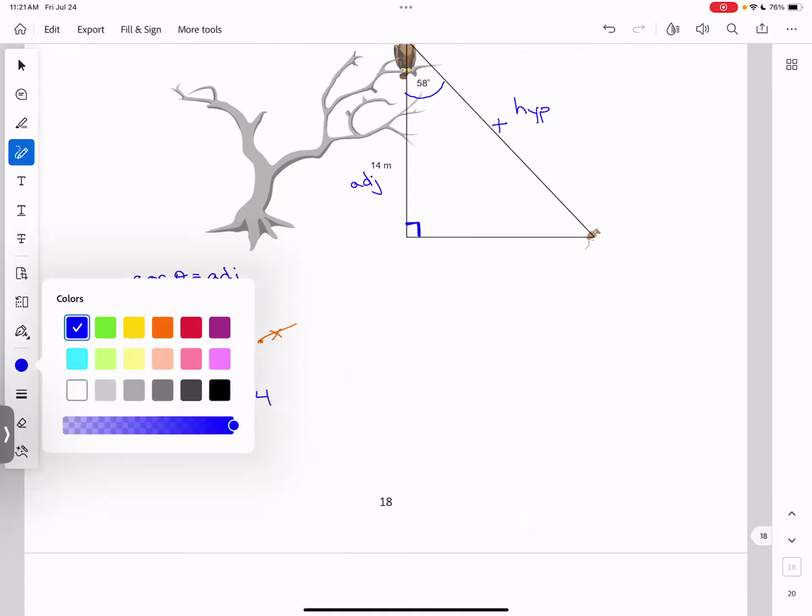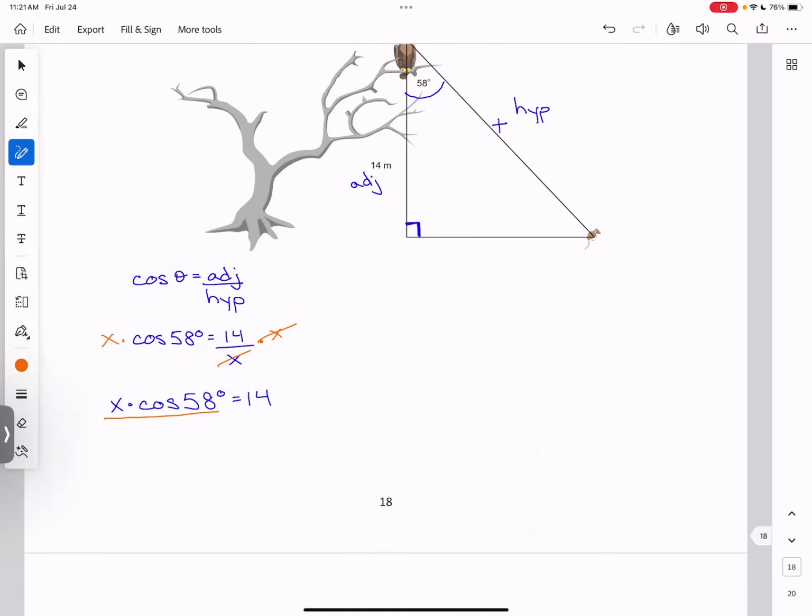And we're still trying to isolate the x, so let's divide both sides by cos 58 degrees. That'll cancel them off on the left, so we're left with just x equals. And so x equals 14 over cos 58.